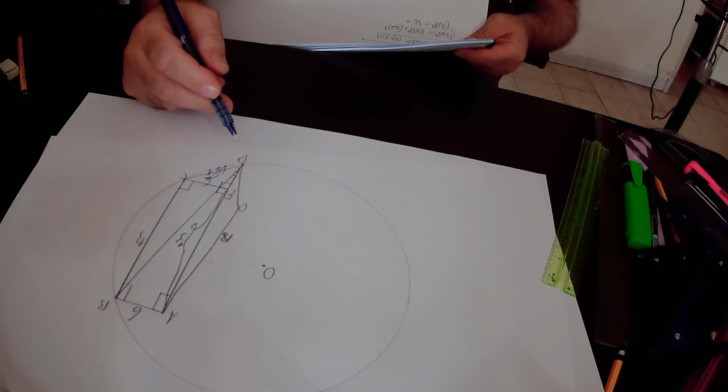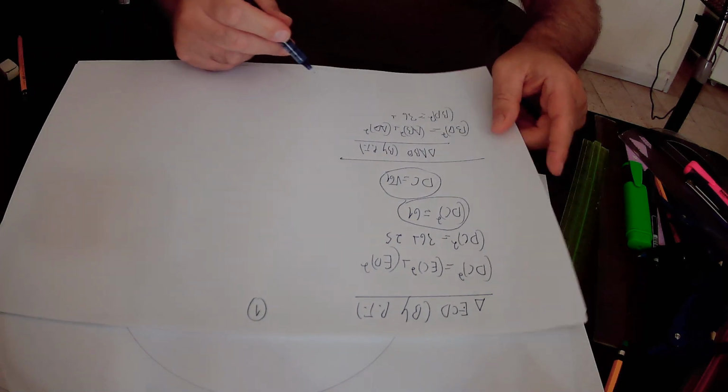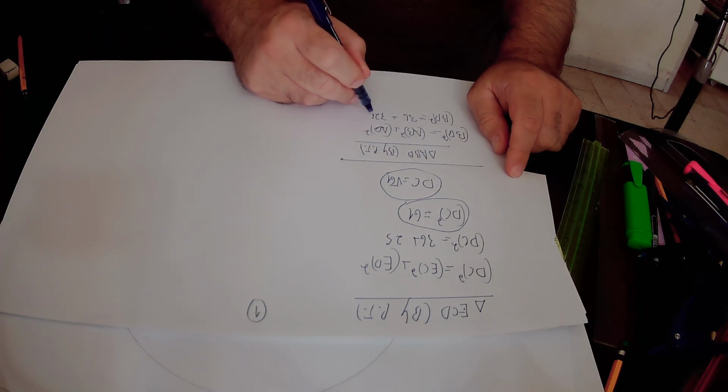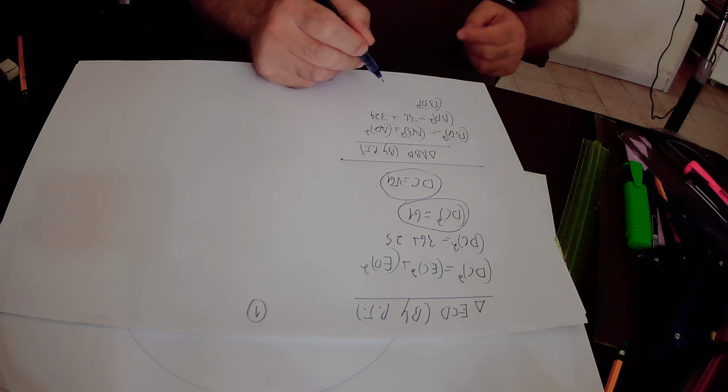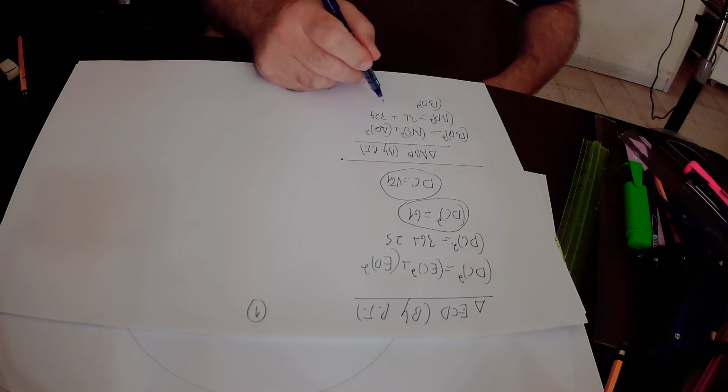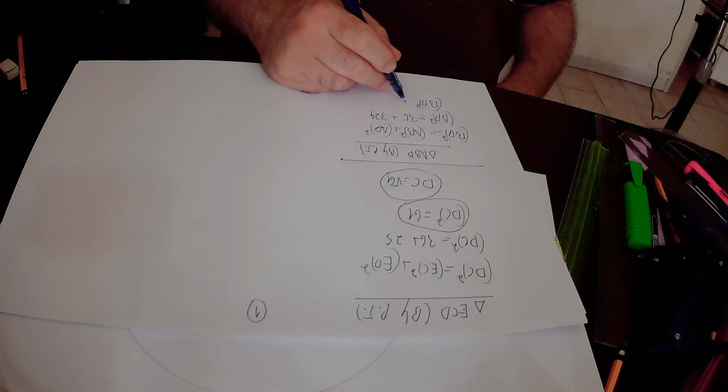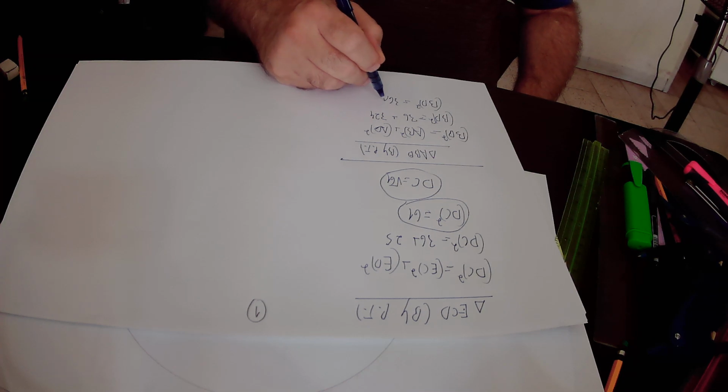AD equals 18, therefore AD squared is 18 squared, that is 324. So BD squared equals 36 plus 324, which is 360.